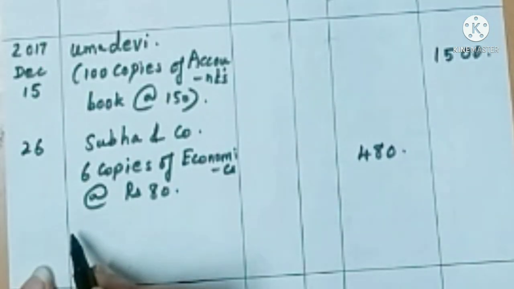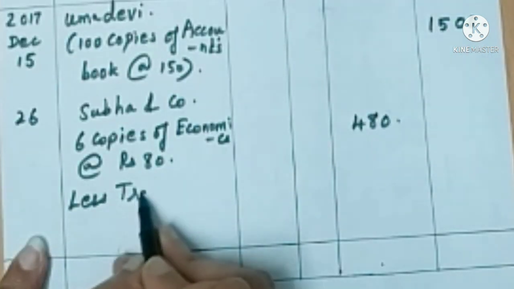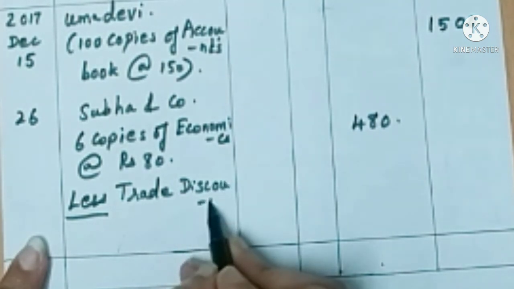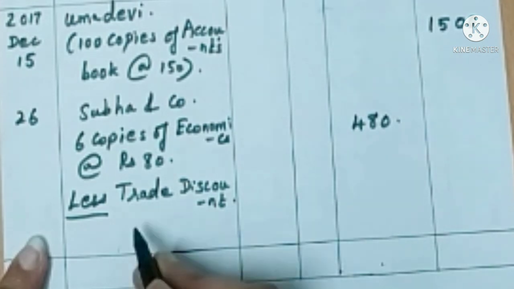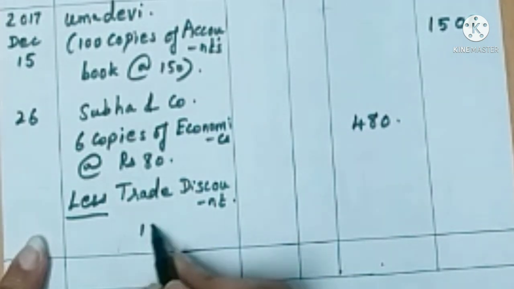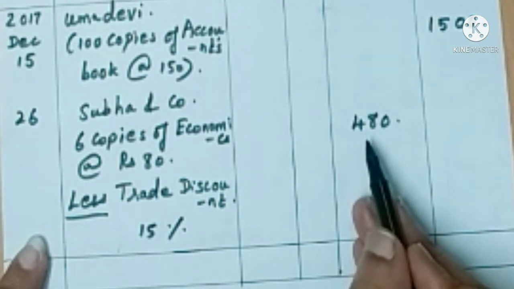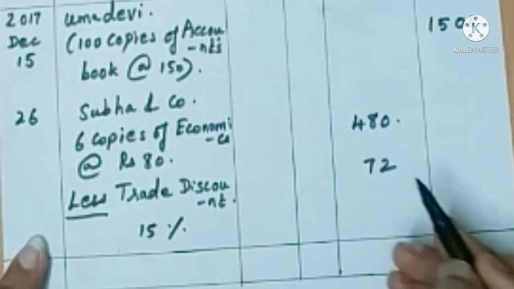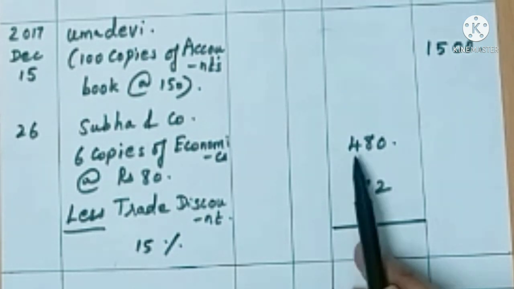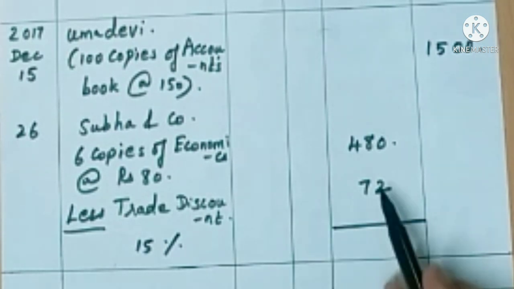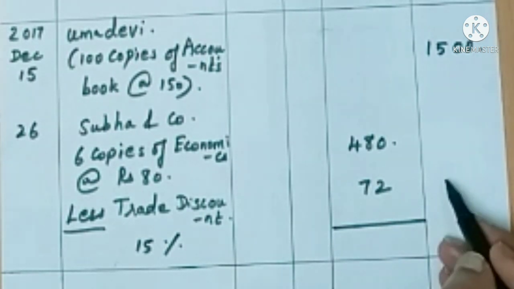Less trade discount 15%. So 480 into 15 divided by 100, we get rupees 72. Okay. Now 480 minus 72 because trade discount should be deducted. So we get 408 rupees.